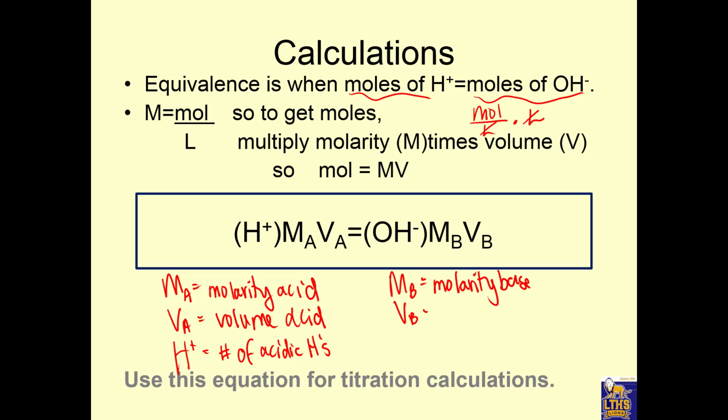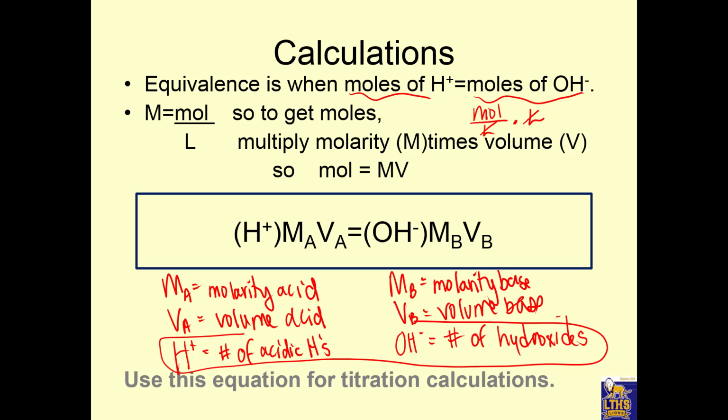Vb is the volume of the base. And OH- is the number of hydroxides that are being neutralized. So how do you get this part? That's the new thing. For instance, if you have HCl, H equals 1.